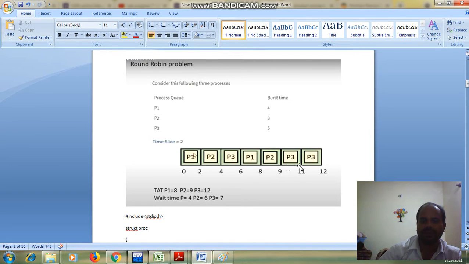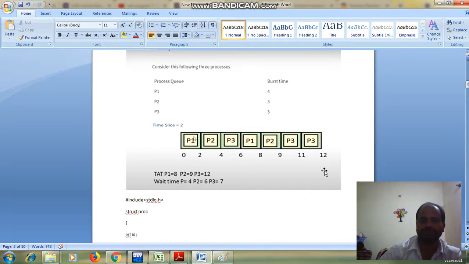So 9 to 11 it is given. But since there is no other process remaining that needs the resource, the remaining time will also be given to P3 only. P3 needs only 1 second more for its completion. So the next 1 second, that is 11 to 12, P3 will be allocated.